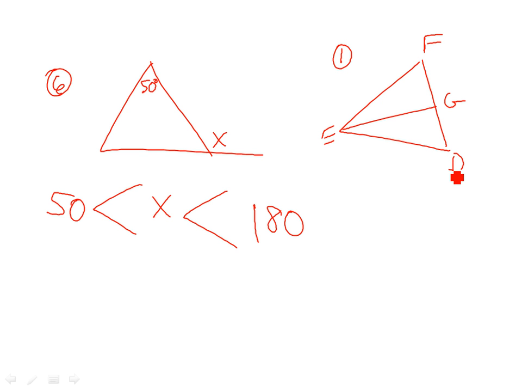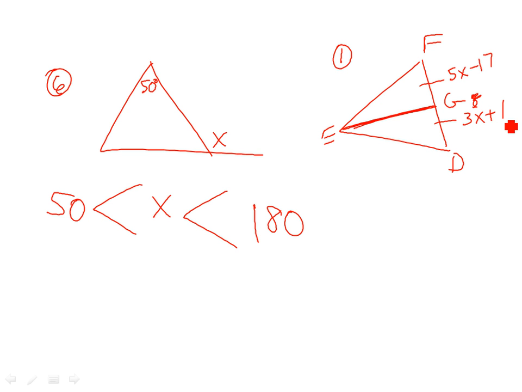They tell us that EG is a median. As soon as you hear that it's a median, what do you think of? Congruent segments. These two segments right here have to be congruent. This is 5x minus 17. This one is 3x plus 1.